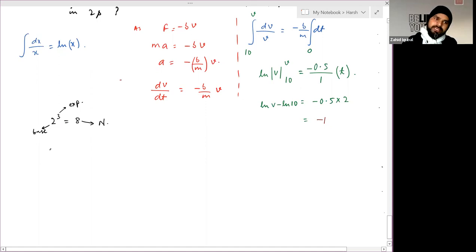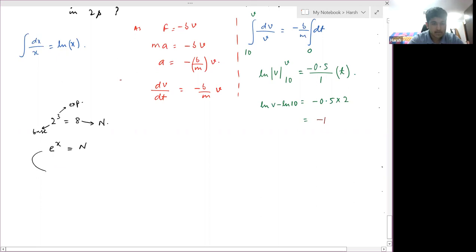Similarly, if you have any expression e to the power x equals n, e is a specific number called the exponential constant, which equals 2.72, and x is the exponent. If you have to reverse this process to find x from these two terms, we introduce the concept of log.